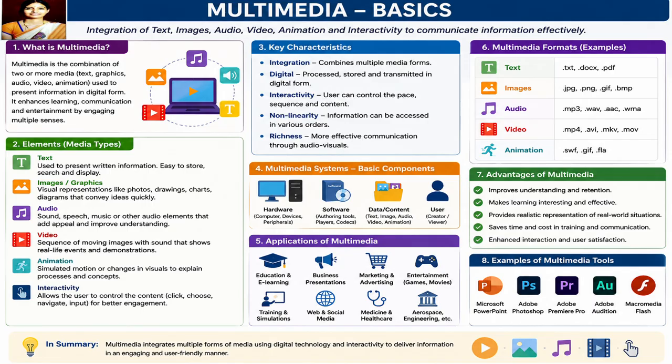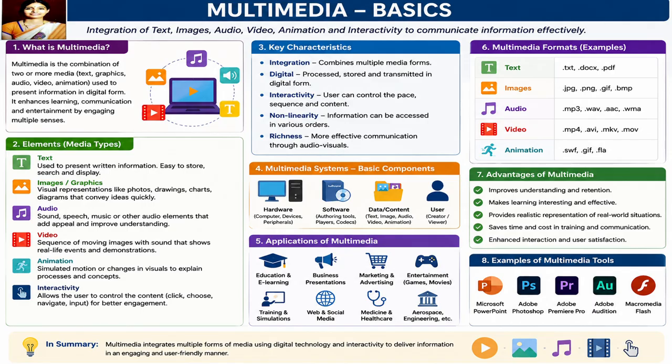Then coming to the key characteristics, multimedia combines multiple media formats. Now we have seen you can create content with text, image, audio, and video. And second, the content created can be processed, stored, and transmitted in digital form. So one of the key characteristics is digitalization.